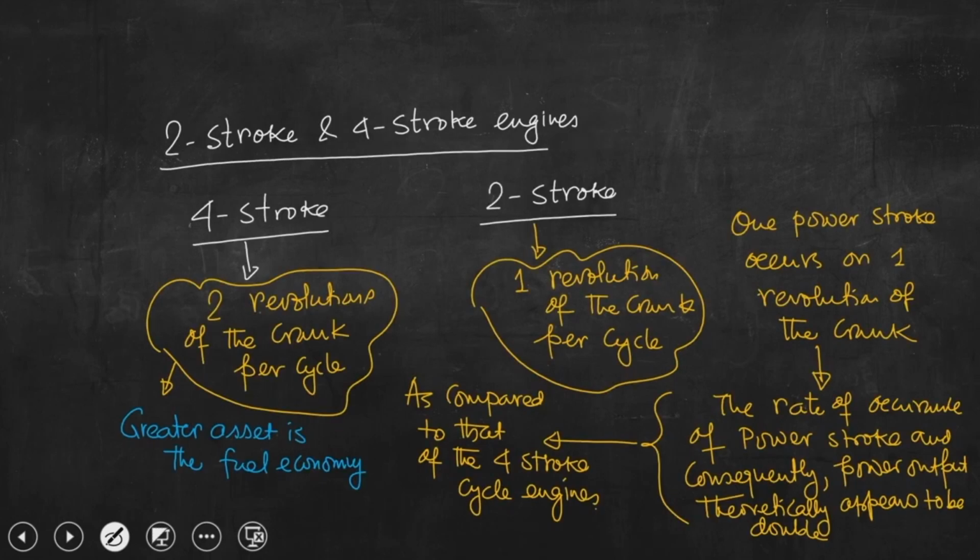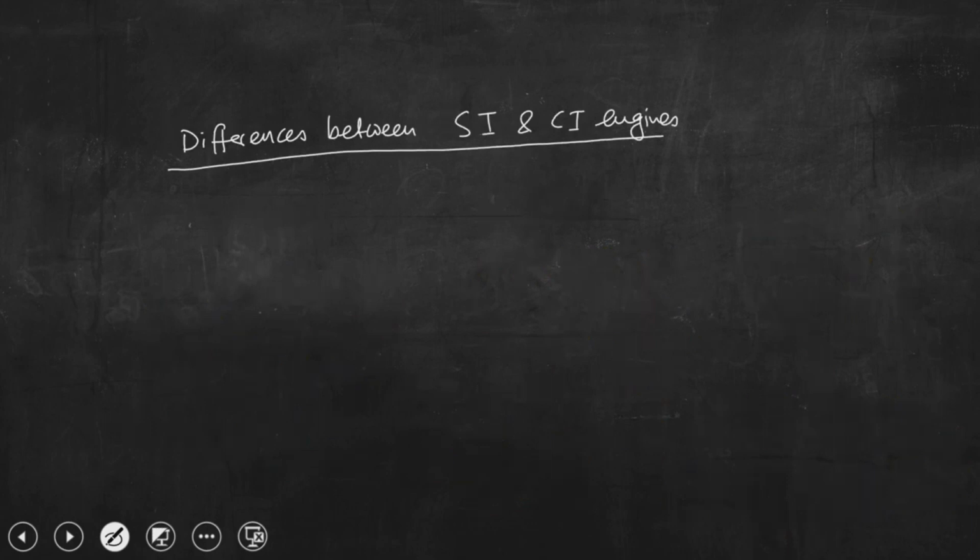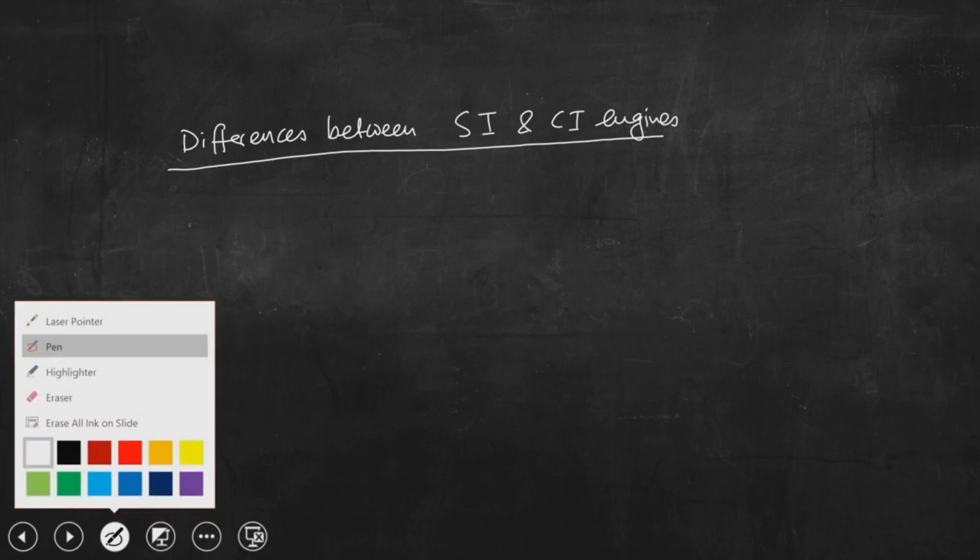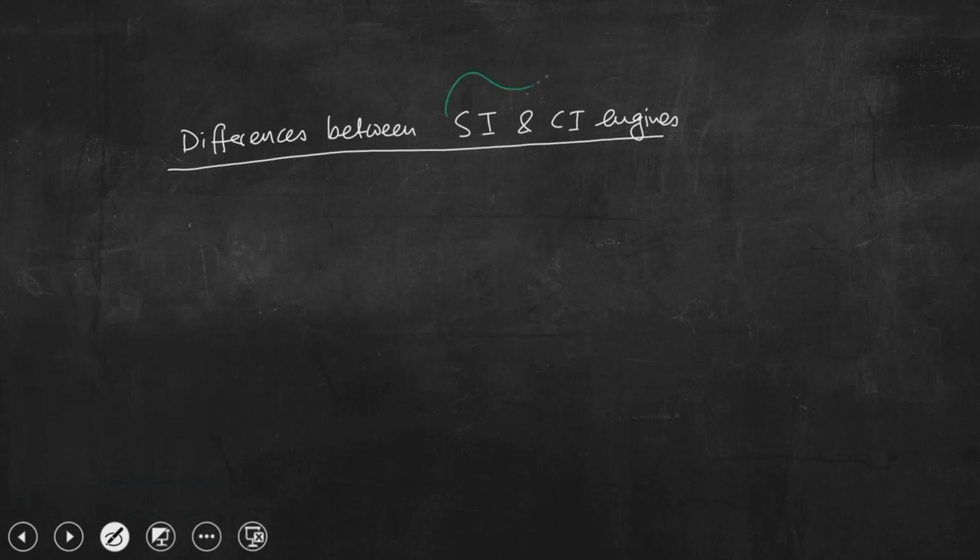So, you know that 4 stroke vis-a-vis 2 stroke, this classification is based on the number of strokes, while this classification of internal combustion engines, which we have discussed, is based on the types of combustion.